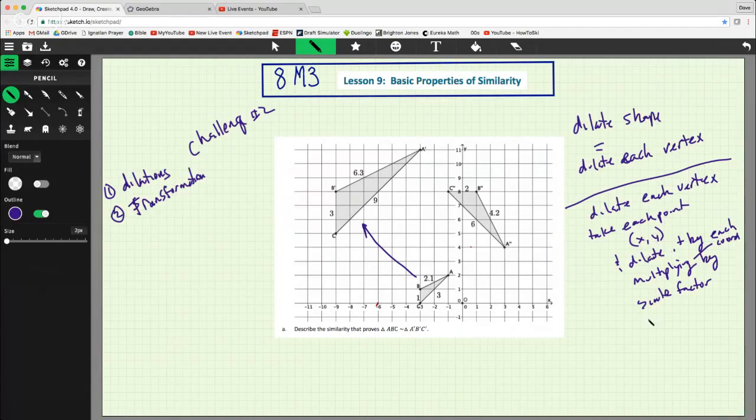So if you took x, y and multiplied it by the scale factor r, you would get rx, ry.